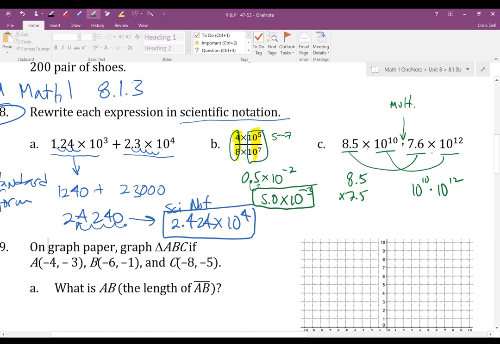When I multiply, first of all, these two numbers, 8.5 times 7.5, I'll just do that real quick. 8.5 times 7.5, and I get 63.75. And when you multiply like bases, you add the exponents, right?